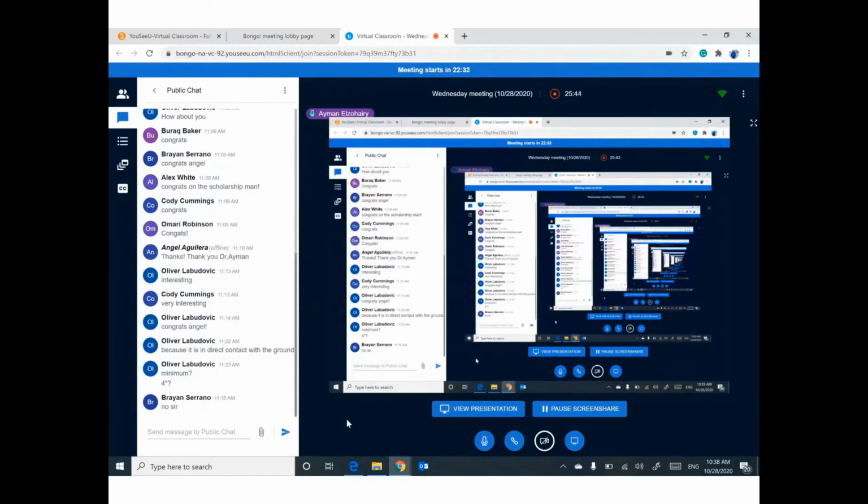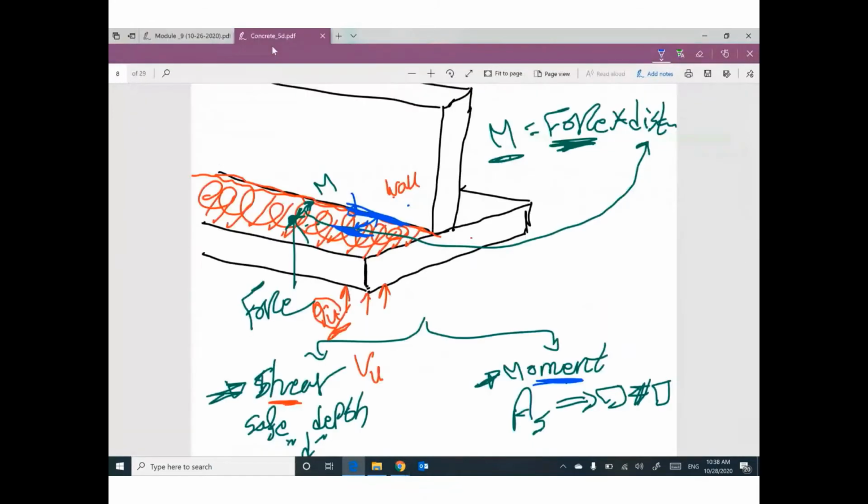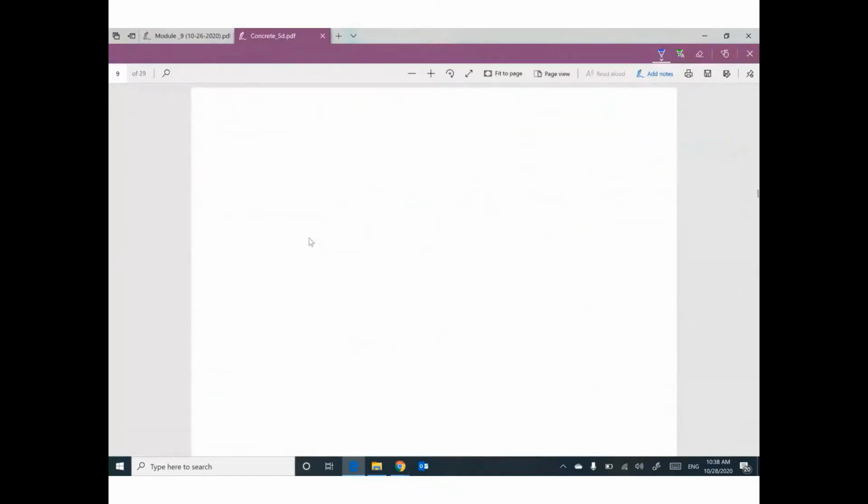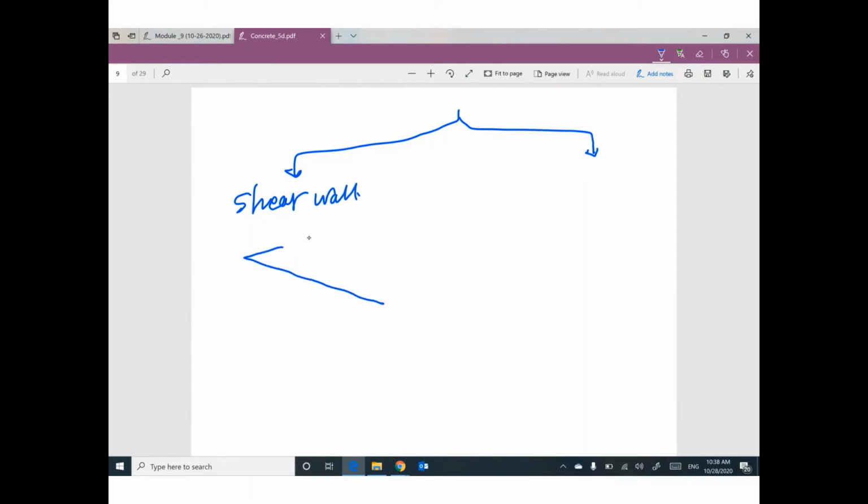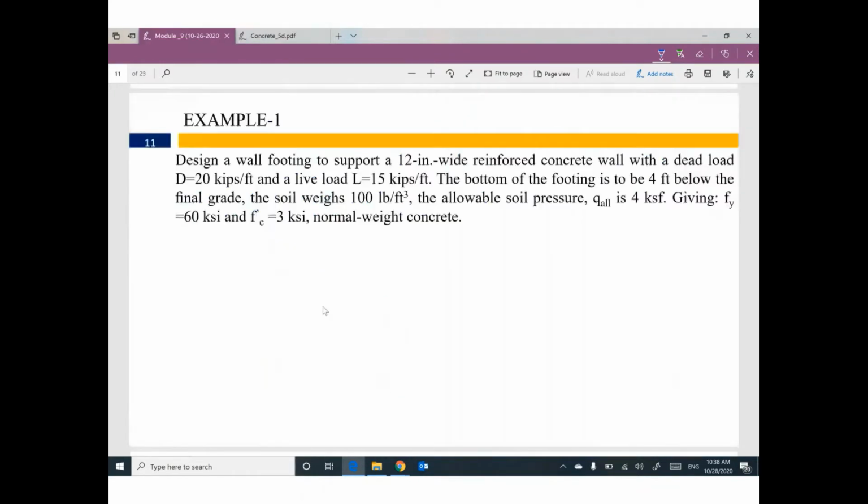I have a point before starting to solve this example. Guys, for designing strip footing, we have two cases. Sometimes you are talking about a wall. What do I mean? We have a wall like this one.